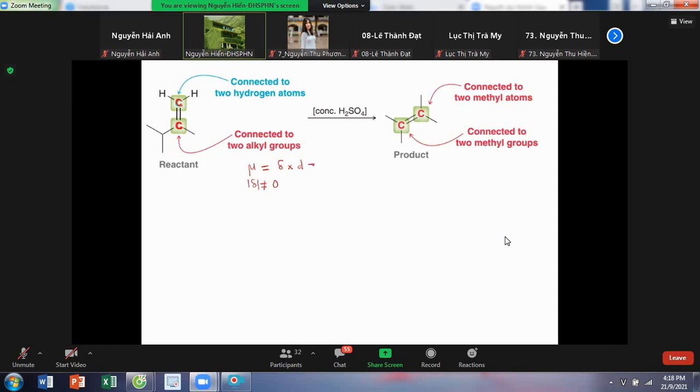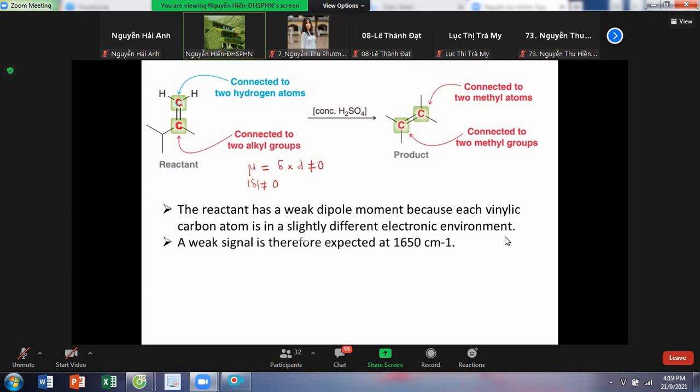And so the dipole moment of the C=C double bond of the reactants, the starting materials, will be different from 0. But the product has a symmetric structure, because it has two identical carbons at the double bond.